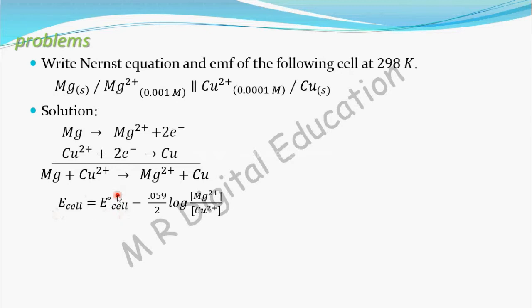He didn't give any data, so you have to find this E naught cell from the table. You know that E cell equals E right minus E left, or that is, E naught cell equals E naught right minus E naught left.